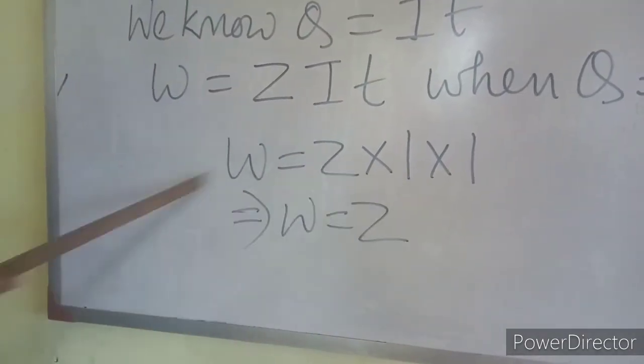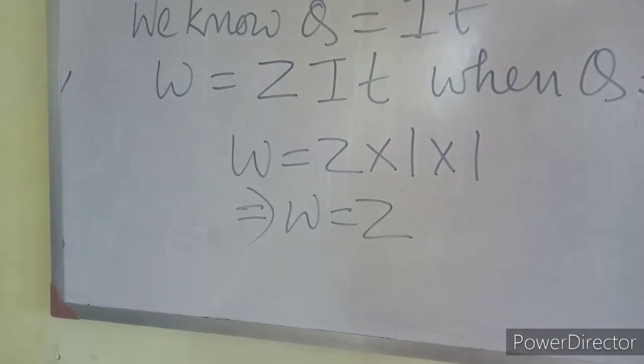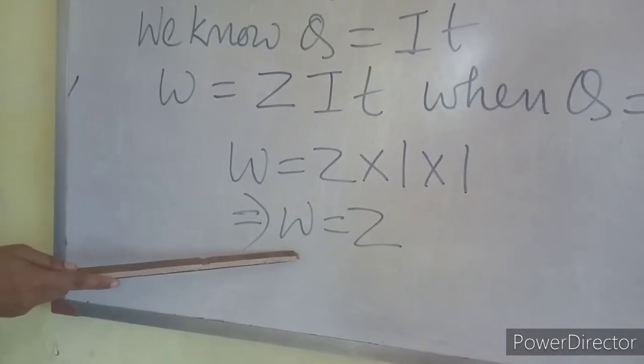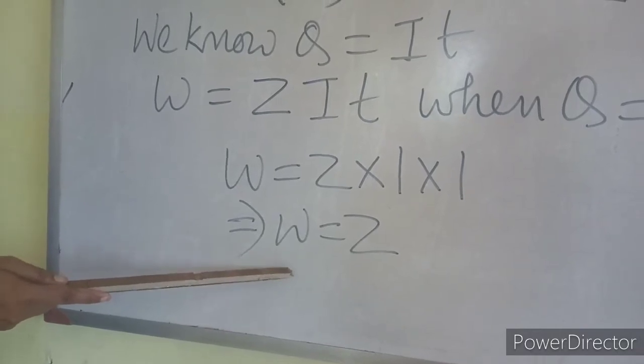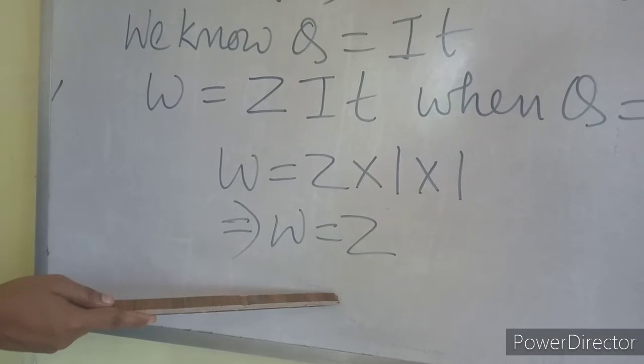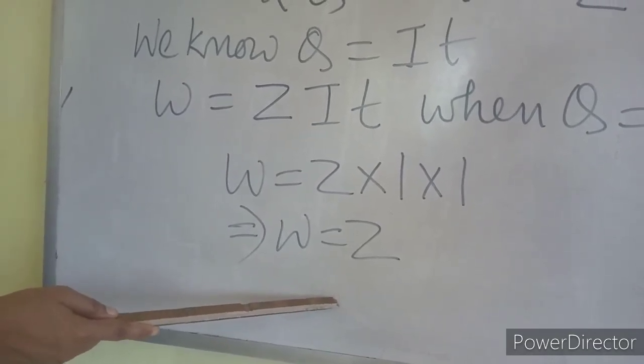That means W equals Z. So I can define it again: the amount of substance deposited or liberated at the electrode is equal to the electrochemical equivalent when 1 coulomb of charge is passed through it.